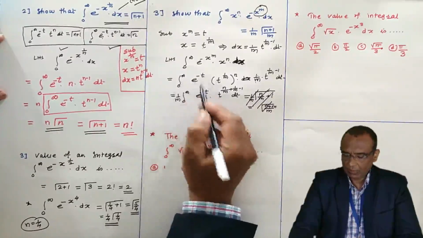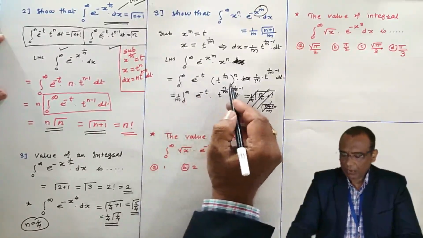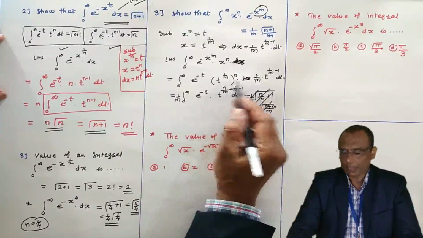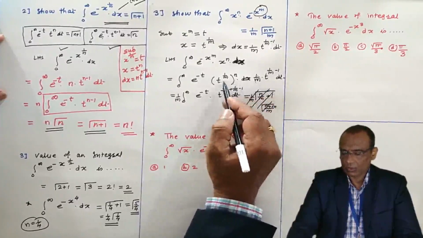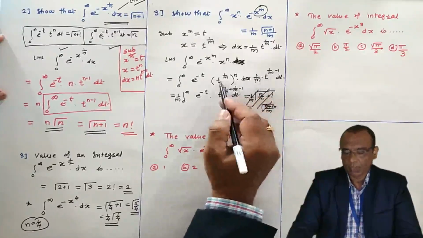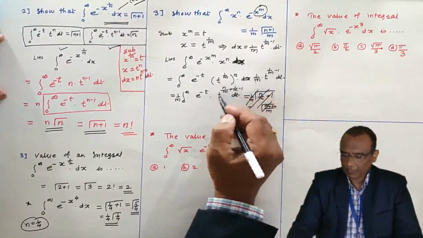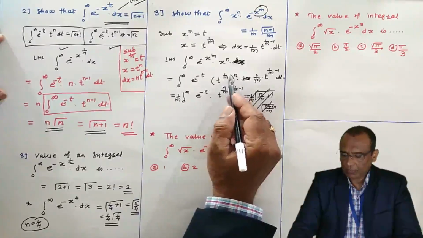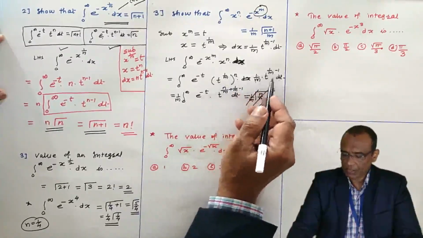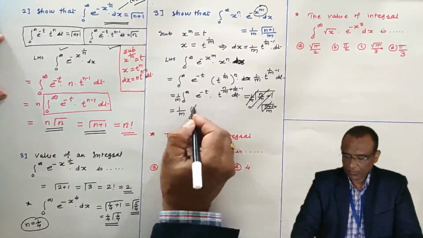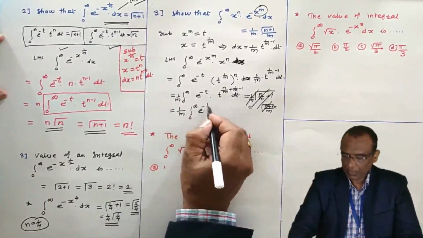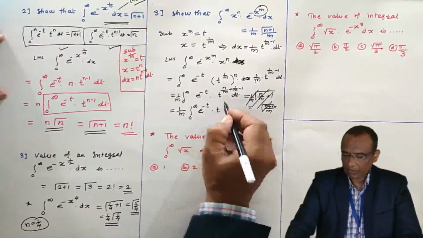0 to infinity, e power minus t as it is. Then by the law of indices, these two functions of t, we are going to accumulate. This is n by m plus 1 by m minus 1. In the next step, 0 to infinity, e power minus t and t power.